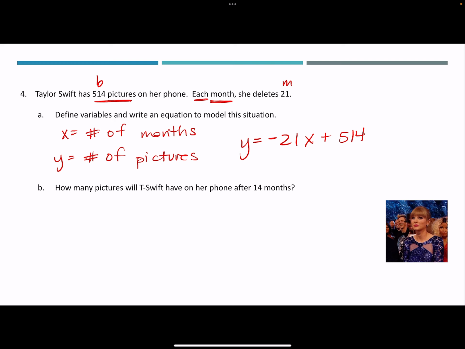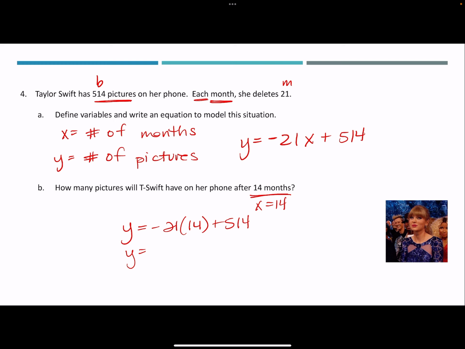Okay, so how many pictures will T Swift have on her phone after 14 months? Let's plug in 14 months as X. It's a number of months, right? So Y is equal to negative 21 times 14 plus 514. So I'm going to use my calculator.